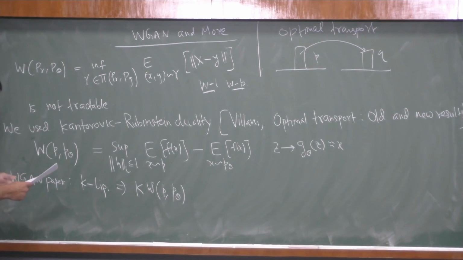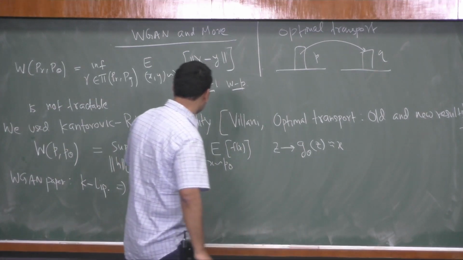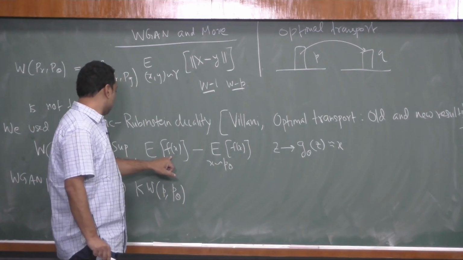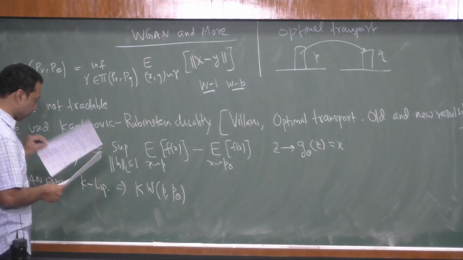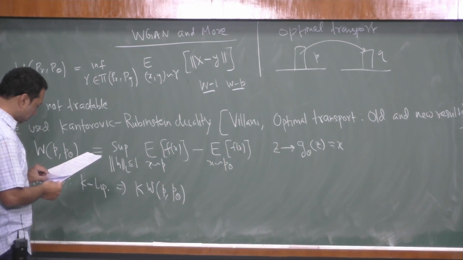So if we do that, obviously this critic also will be parameterized. The notation should be clear, I think. So sometimes I use h.